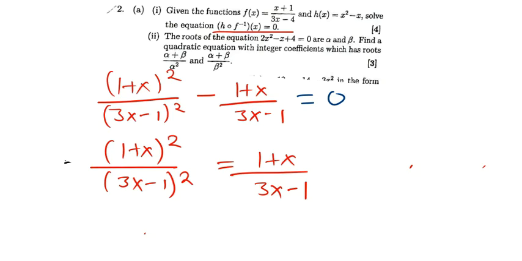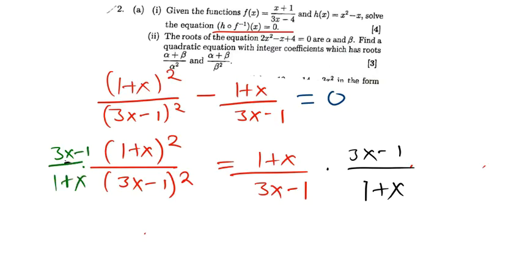So this is common. What happens if we multiply by the reciprocal on both ends, 3x minus 1 and then 1 plus x? That would mean that on the other side you do the same.